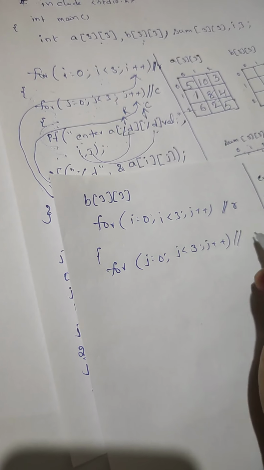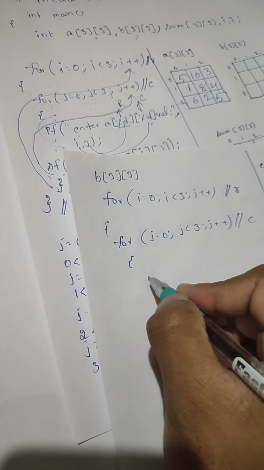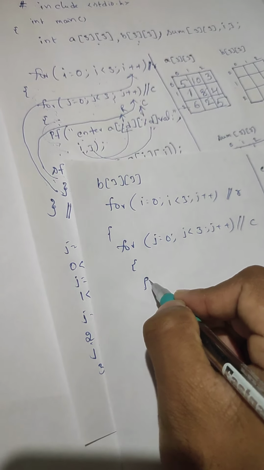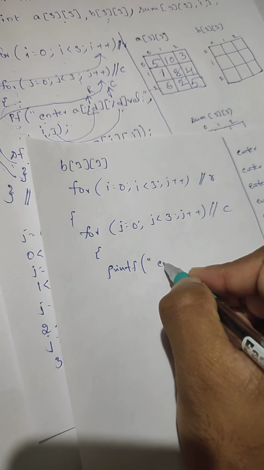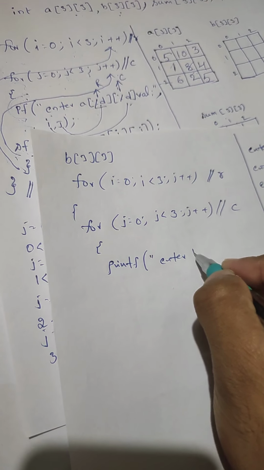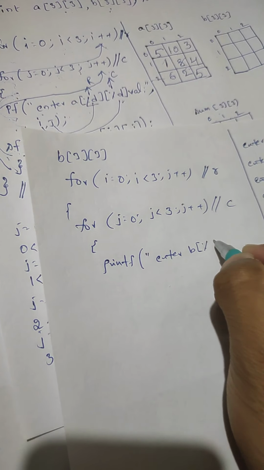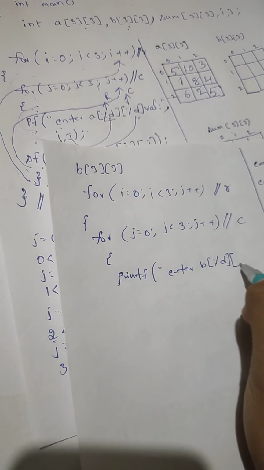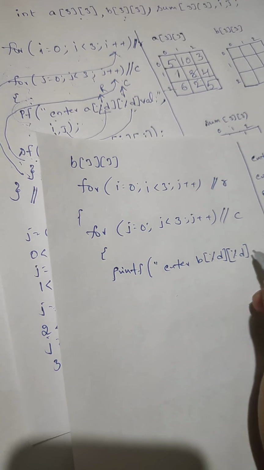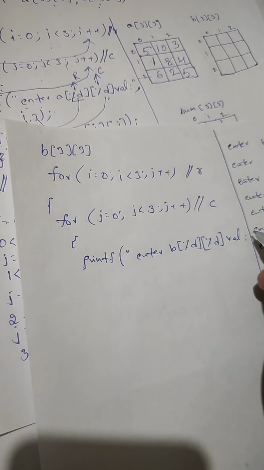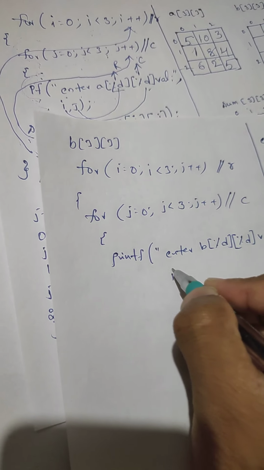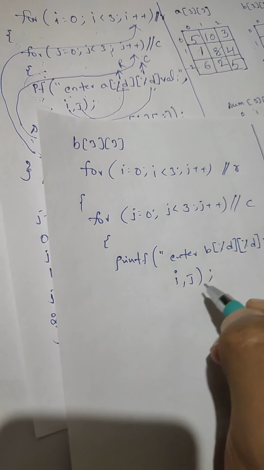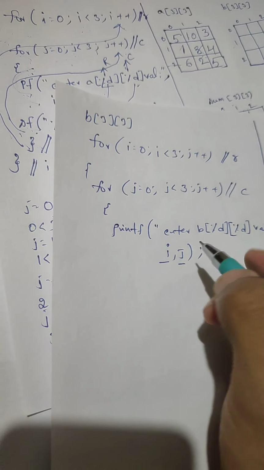So this is for columns. And after that printf "enter B of %d %d", the first %d means row and the second %d is for column values. Close the double quotation, comma, and i comma j, row and column.